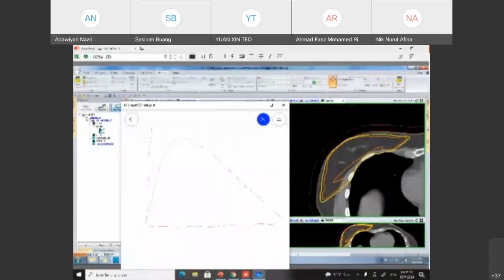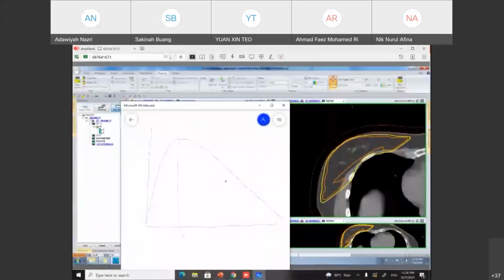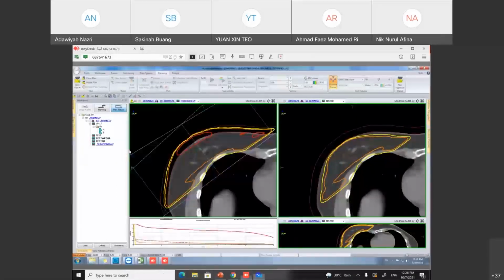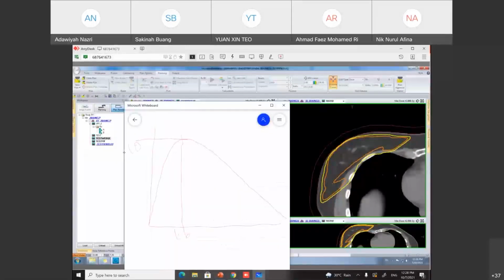At this 1.6 cm we get 100% dose. So at 0 cm and 1 cm, maybe it will only get 60% at 1 cm depth, and at 0 cm it is not exactly zero, it's actually a very low dose.